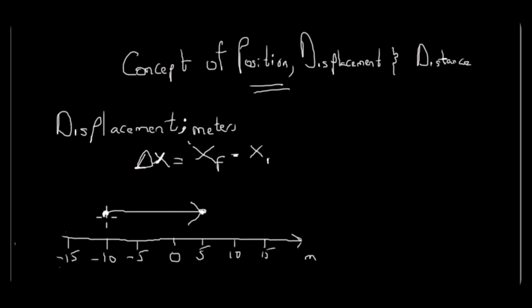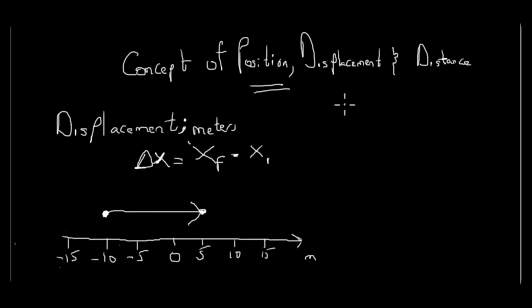If we're concerned about knowing how much my object has moved from its starting position, then I'm talking about displacement. So calculating this, since my arrow is pointing towards this particular position here, it means I've moved from this point, which is my initial position, to this point, which is my final position.